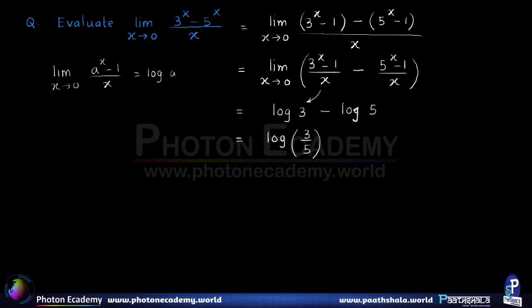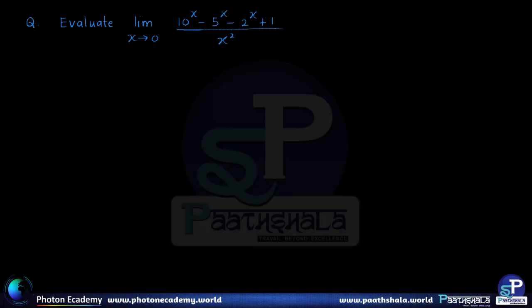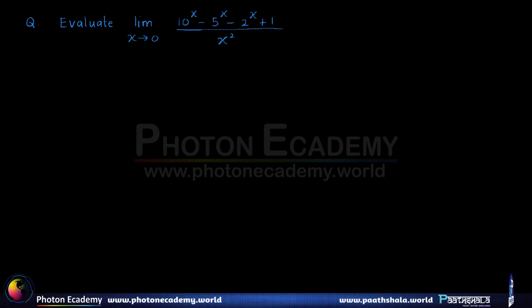Let's go ahead and see another sum. Here we have to find the limit of this particular expression, right? Once again we are seeing different terms of the type a raised to x, okay? Now if we think that with every term we must adjust minus 1, that is fine as far as the numerator is considered, but in the denominator if you observe, we don't have just x but we have x squared.